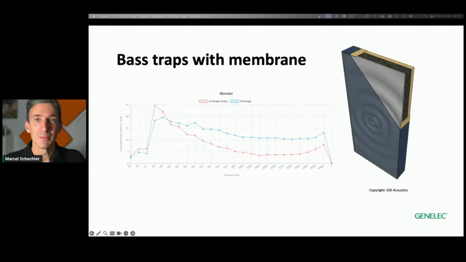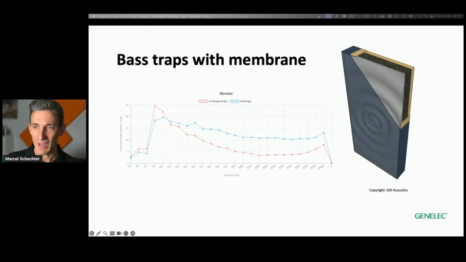There are also tuned bass traps that you can tune to a specific frequency. Let's say you have an issue with 80 Hertz in your room, and then these bass traps use a membrane, and this membrane is dimensioned and tuned to absorb this frequency range. What's interesting to see is, for example, this example from GIK.